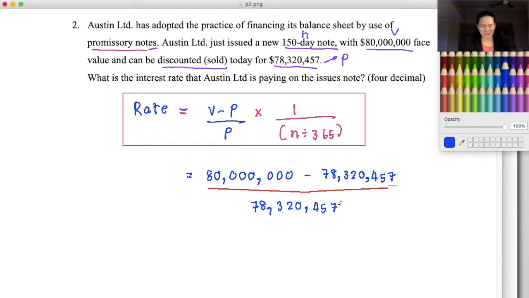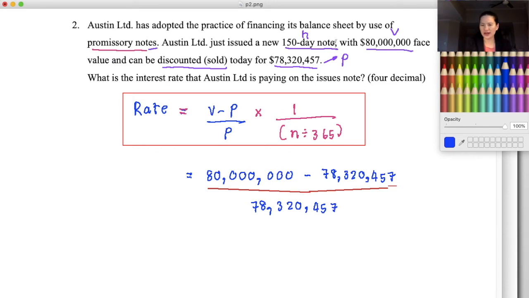I'll give you a tip: write everything out first and then calculate. Don't just see the question and paste into the calculator straight away, because you're going to be confused.